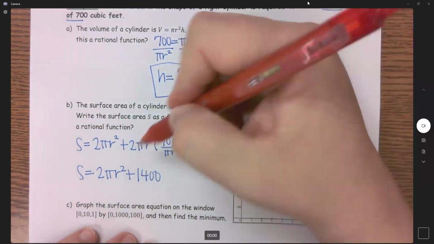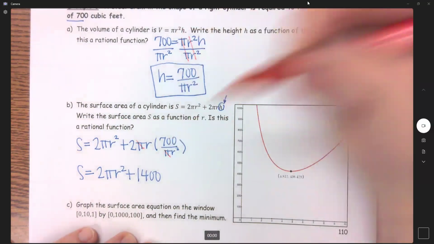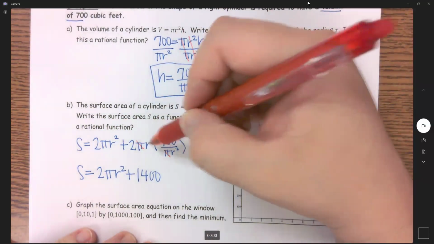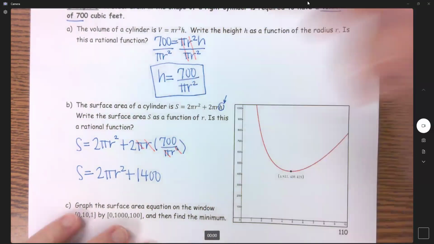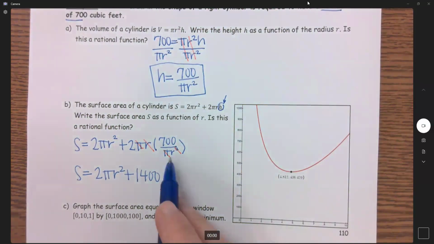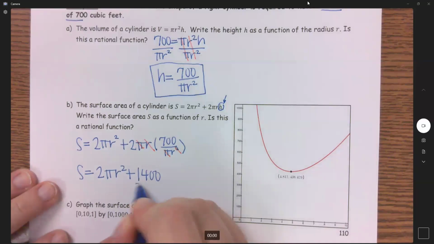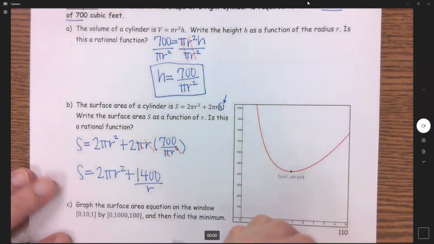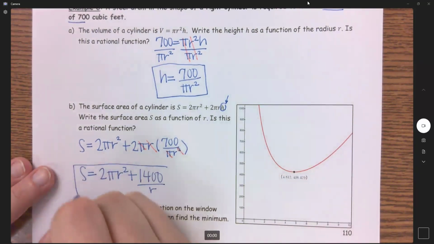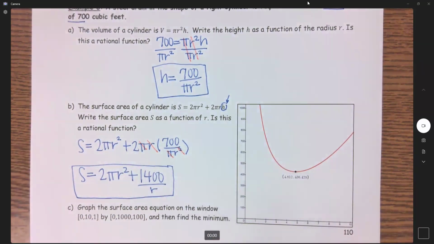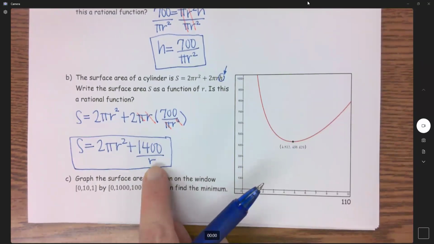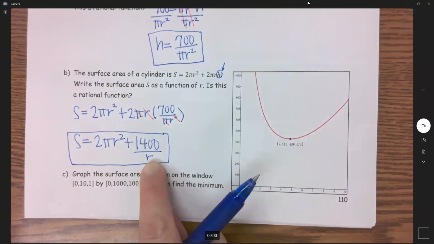And then here, my pi's will cancel. Then I have 1 r and then an r squared, so 1 r will cancel. So this will be 1400 divided by just the r. So again, is this a rational function? Yes, because we're dividing by a variable here.